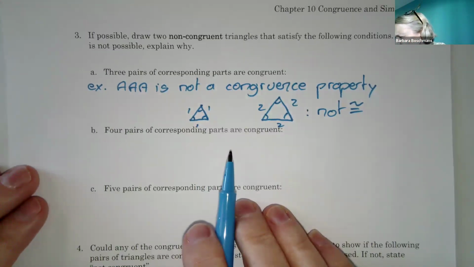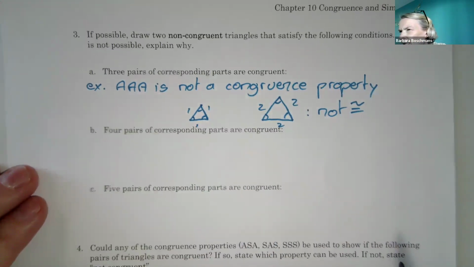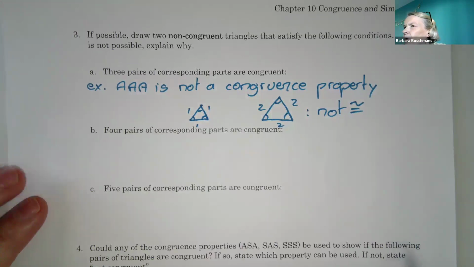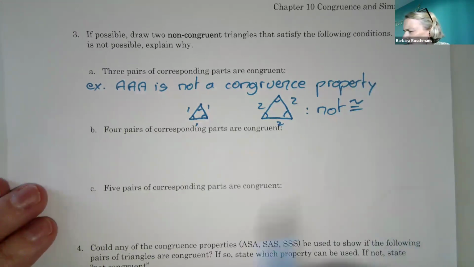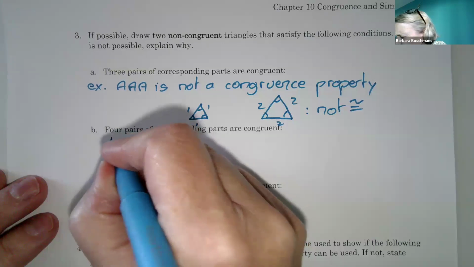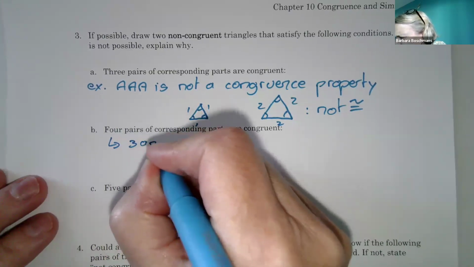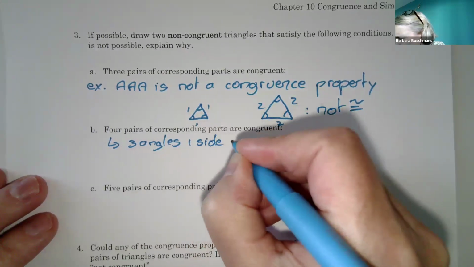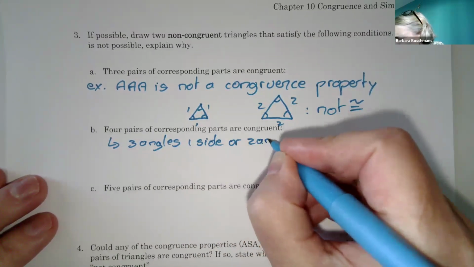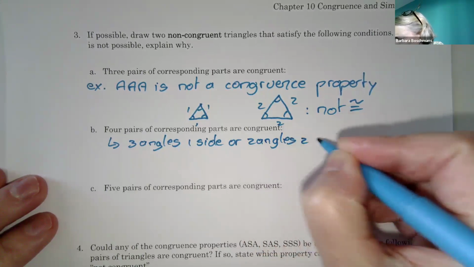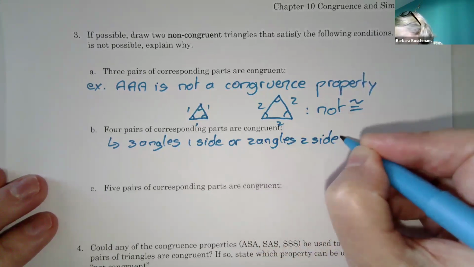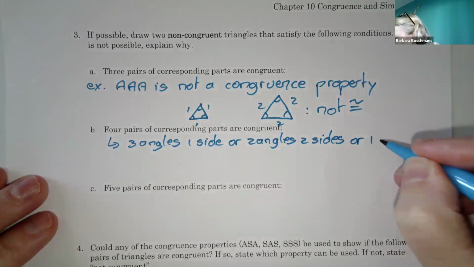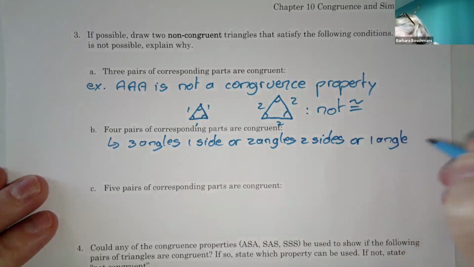And it's asking us to draw examples of non-congruent triangles if you know four pairs of parts are congruent. That either means you have three angles and one side, or two angles and two sides, or one angle and three sides.